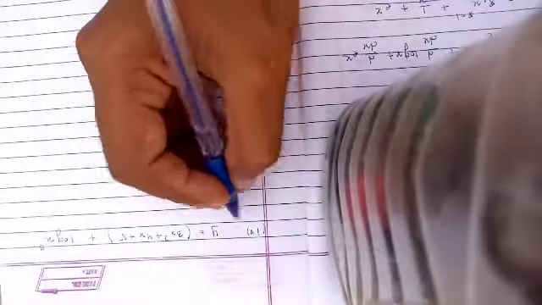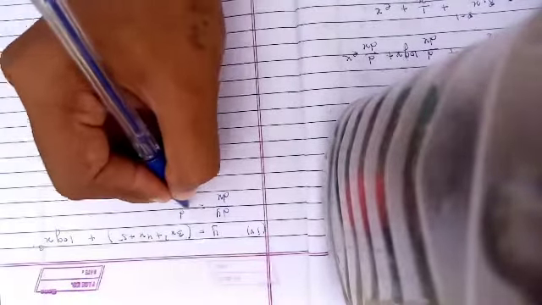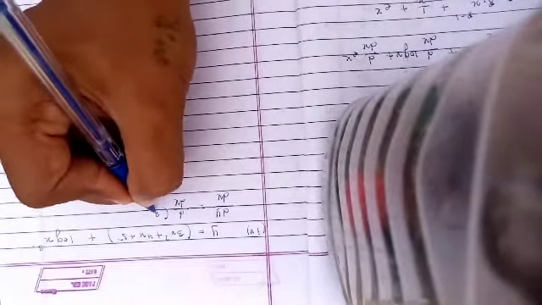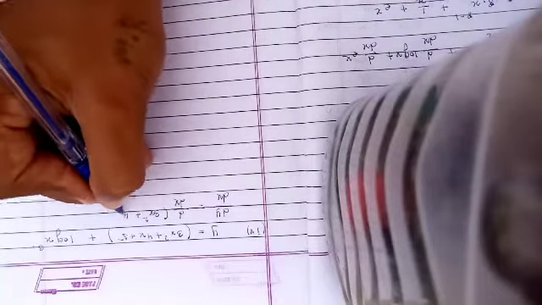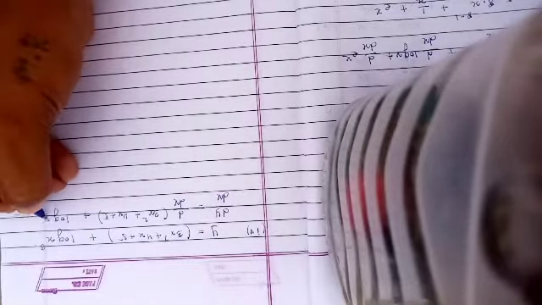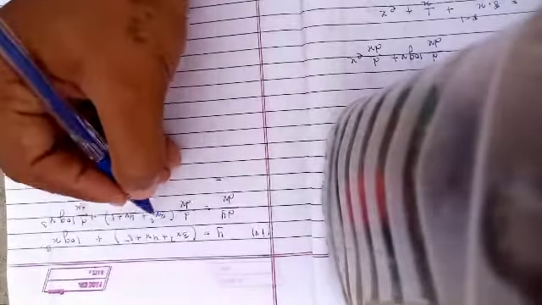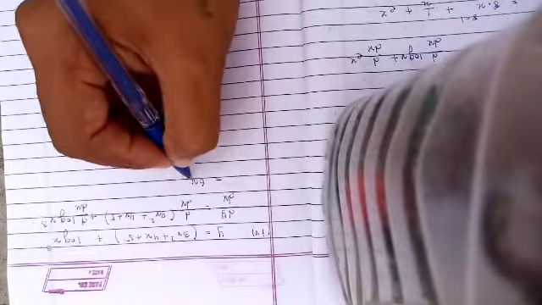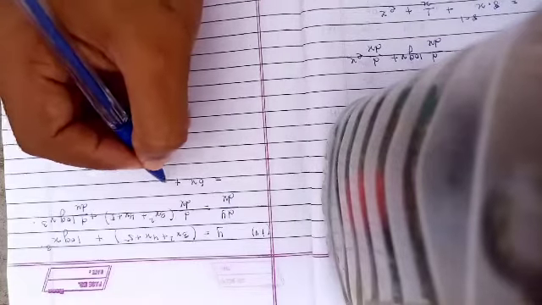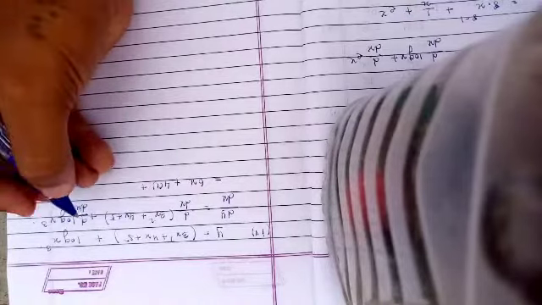Again we have to identify the derivative, that is dy by dx, d upon dx of 3x square plus 4x plus 5 plus log of x cube. Now here you will write 6x plus the derivative of x is 1, so 4 into 1, plus this 5 is independent of x, so this will become 0.